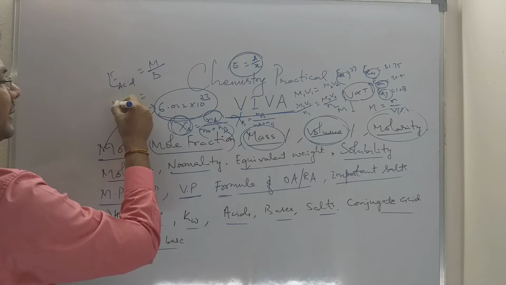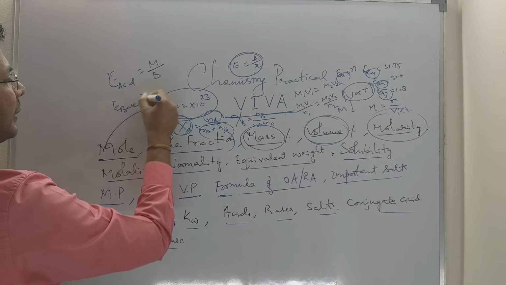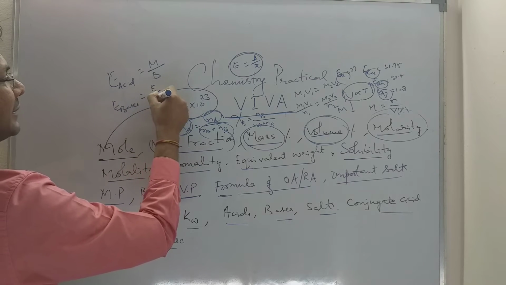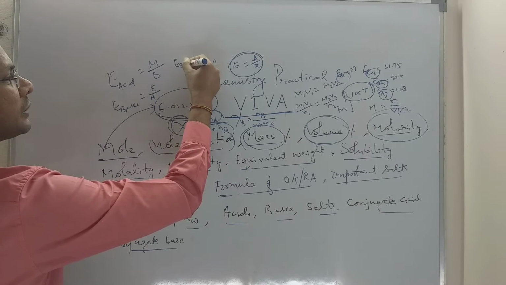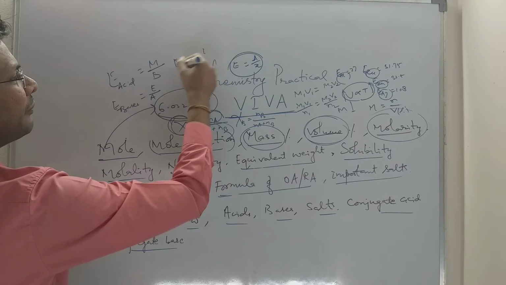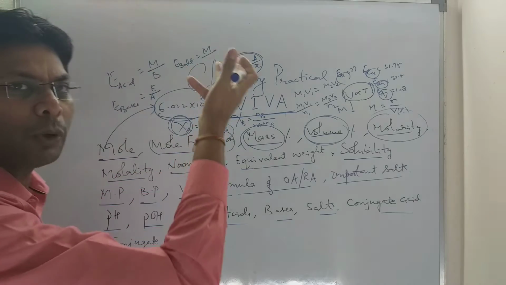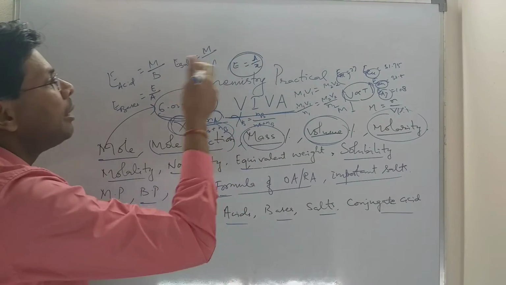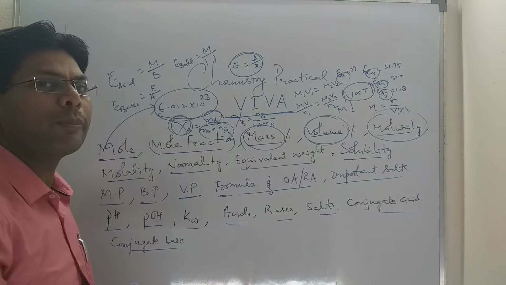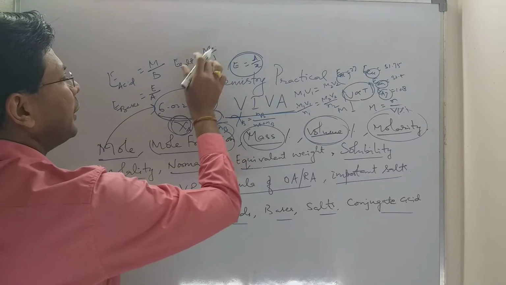For bases it is molecular weight by acidity. For salts, equivalent weight equals molecular weight by total positive or negative charge. You have to take the magnitude only, the magnitude of the positive charge or negative charge.